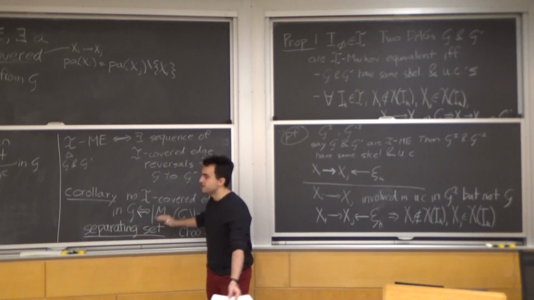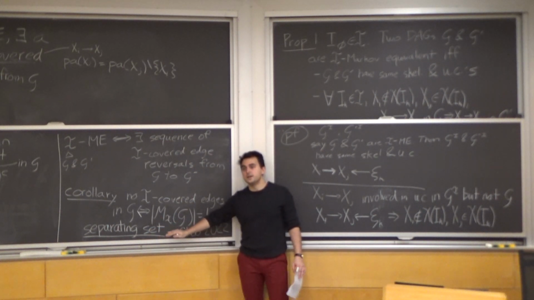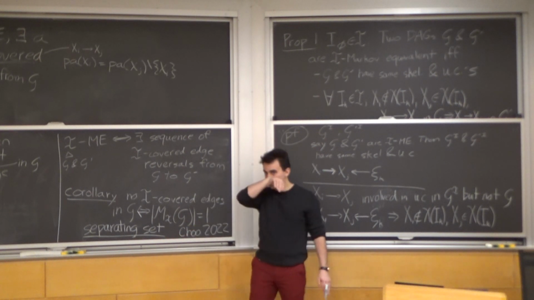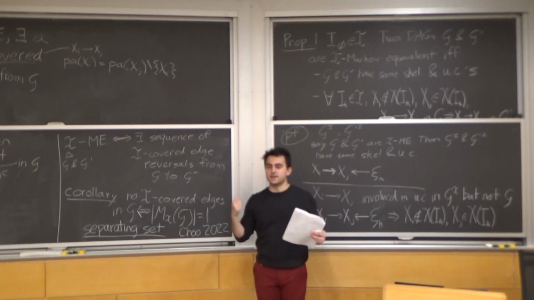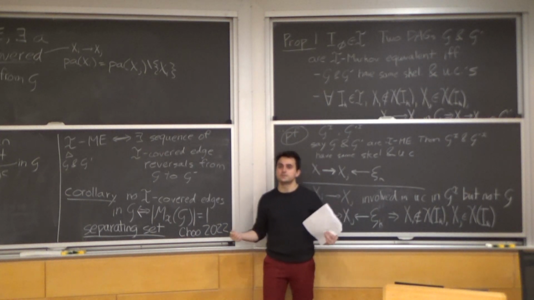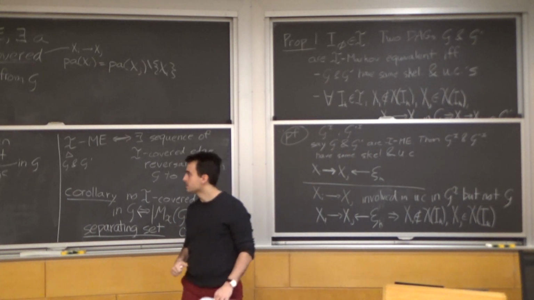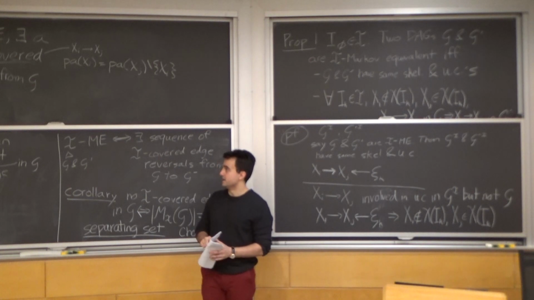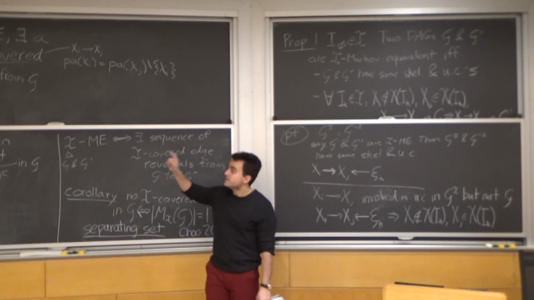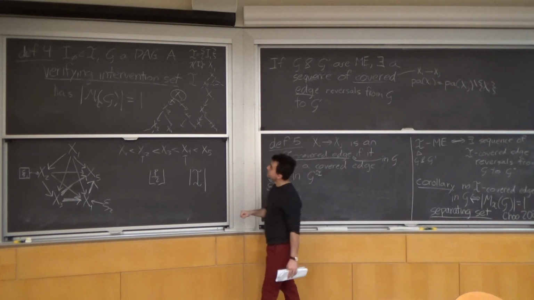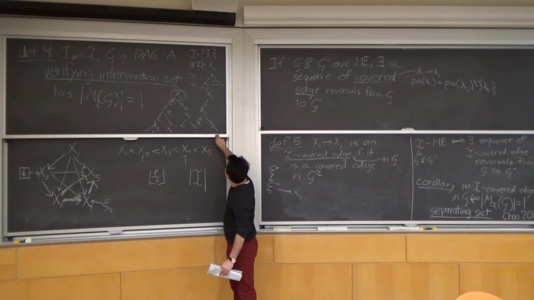It says, all I need to do is come up with a set of interventions such that for every covered edge in the graph, I separate it. I have one endpoint of the covered edge that's in that set and one endpoint that's not. I have some intervention such that that's the case. And we can already see this for our tree graph and for our clique, or our complete graph.